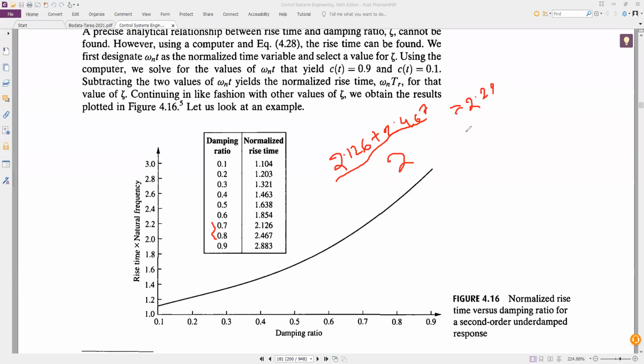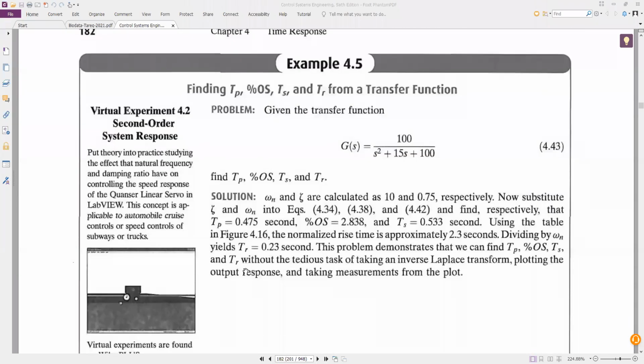Now divided by 10 because omega n is equal to 10, natural frequency 10. So it would be 0.23 second.